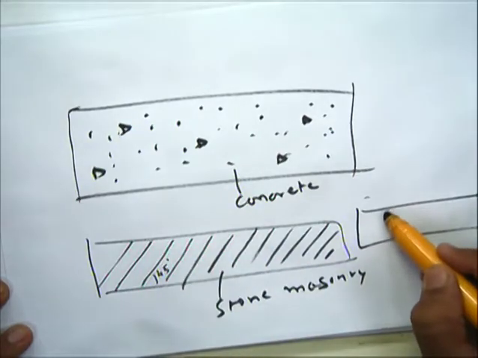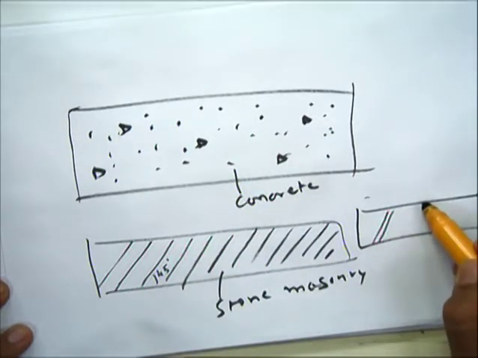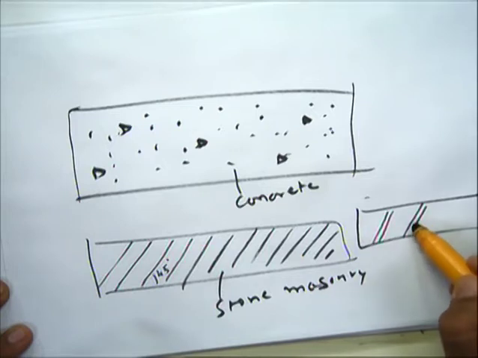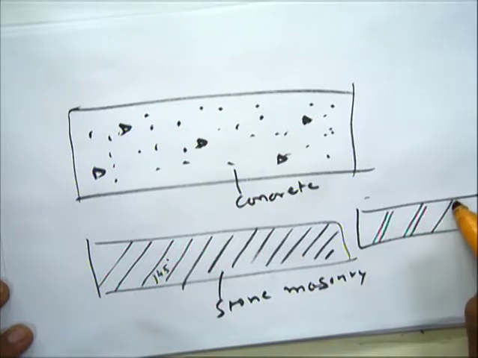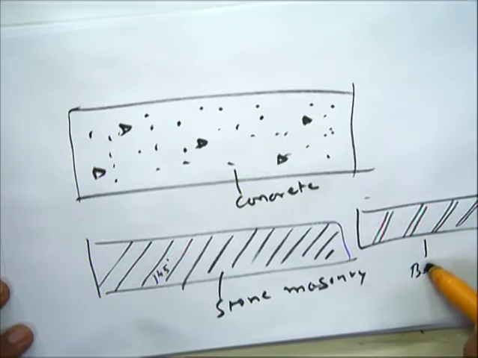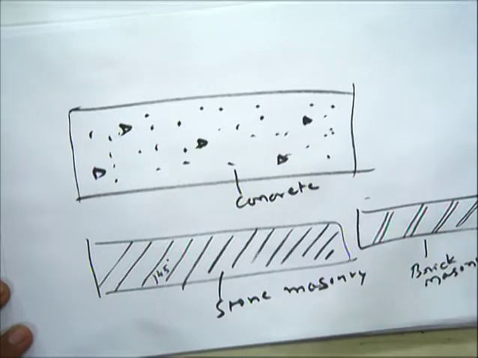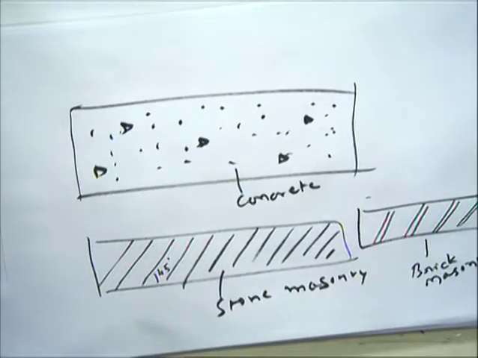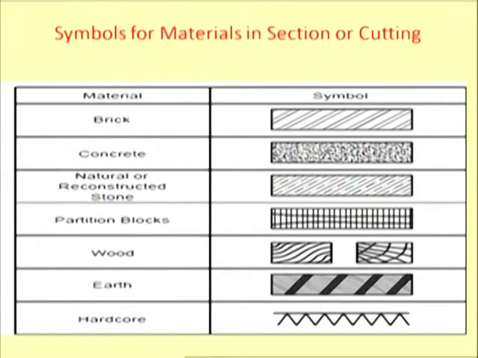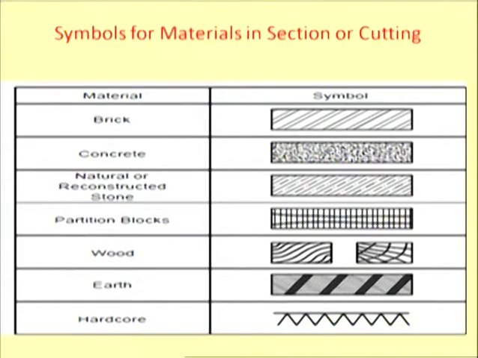Here also it is at a 45-degree angle, but there is a larger spacing between two consecutive lines. So this is for the brick masonry. These symbols are shown when the particular component is cut by a section, maybe a vertical section or horizontal section. Otherwise we will not show this material. If it is only in elevation, and brick masonry is there, these hatchings are not shown.